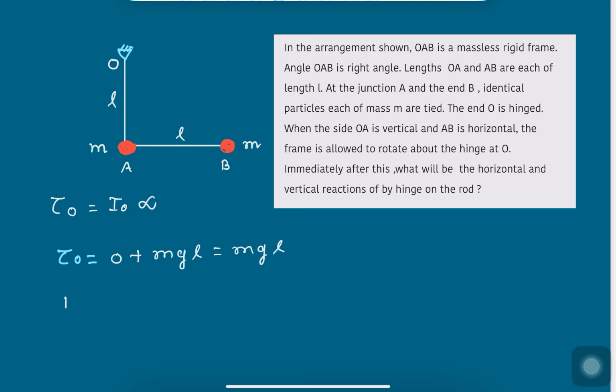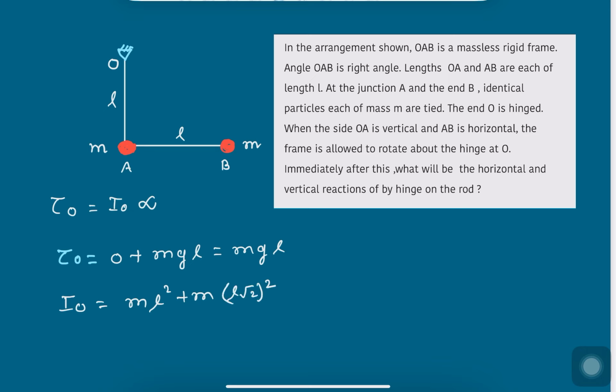What is I about O? I about O is simple. This particle will have I about O as mL square, and this particle will be rotating in a radius L root 2. So its I will be m into L root 2 square, mr square. So mL square plus m into L root 2 square.